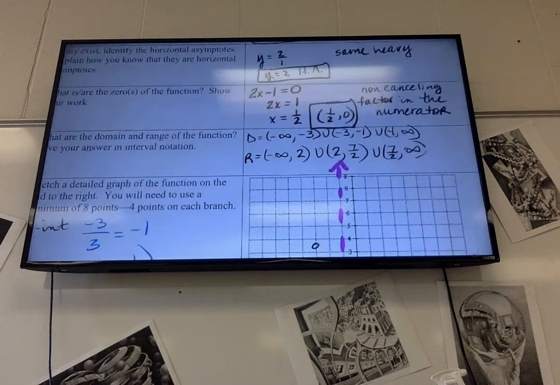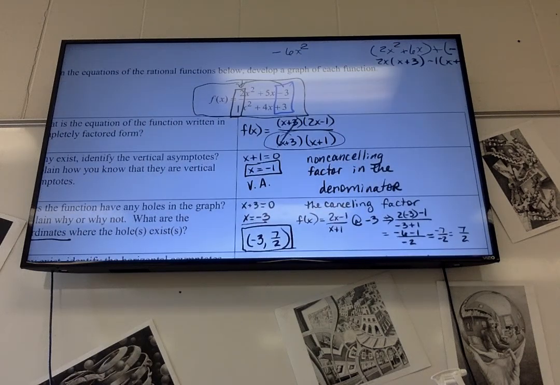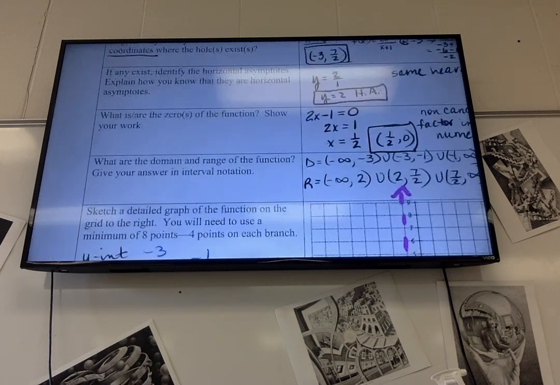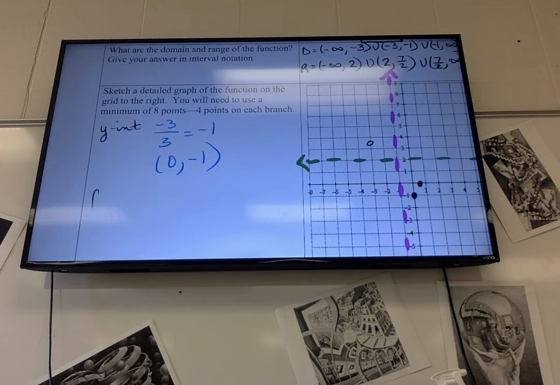You can use the original equation or not, it doesn't matter. You can use what's left over here, like this part. So I have f of x equals 2x minus 1 over x plus 1.